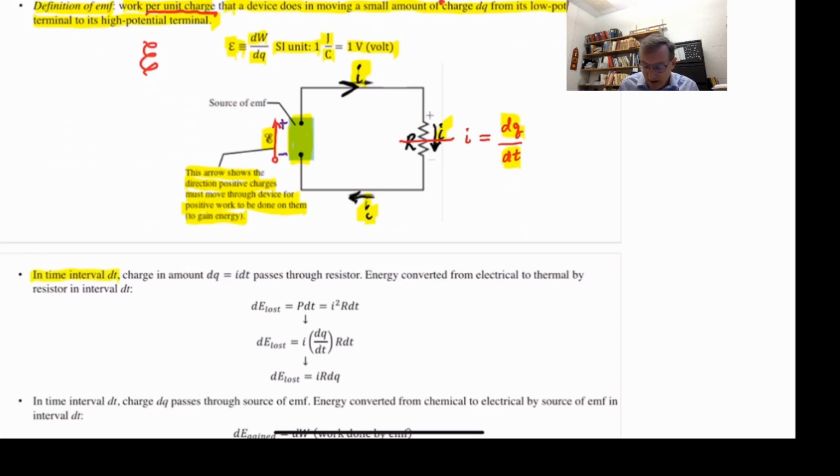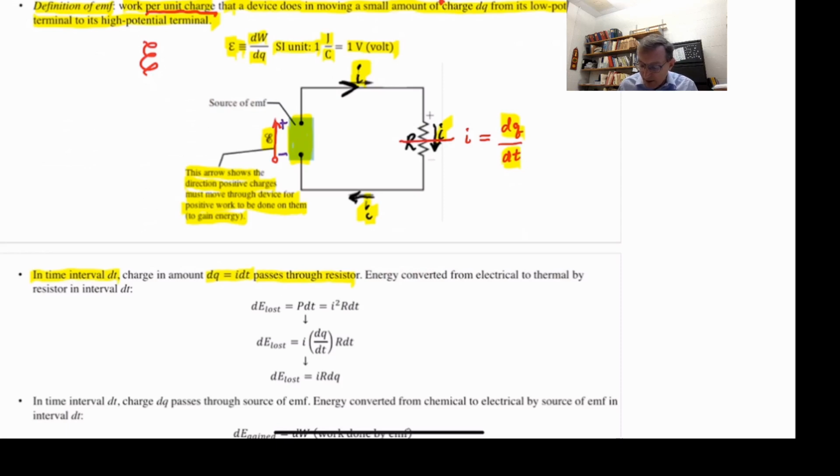And in that amount of time, there's a certain amount of charge, dq, that passes through that cross-section I just drew in red in that resistor. All you have to do is rearrange the expression for current, I equals dq over dt, to get dq equals I times dt. So that's the amount of charge that passes through the resistor in time dt. Positive charge in the direction of the current.